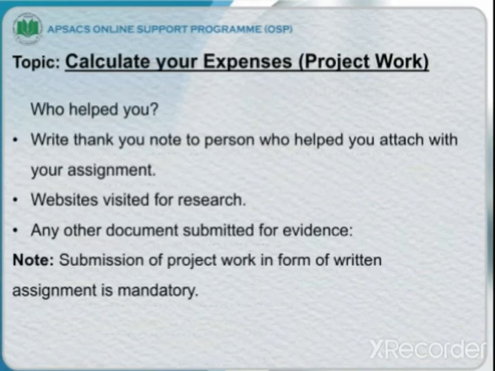Who helped you? Write a thank you note for the person who helped you with the completion of this project and attach this note with your assignment. Mention websites that you have visited for research and any other document as evidence. Note: submission of project work in the form of a written assignment is mandatory.